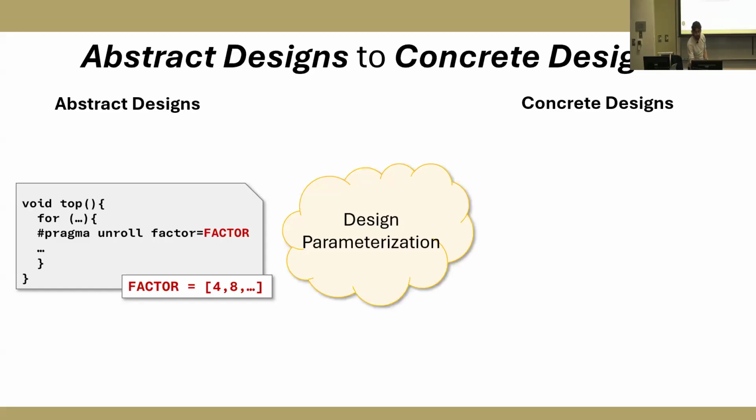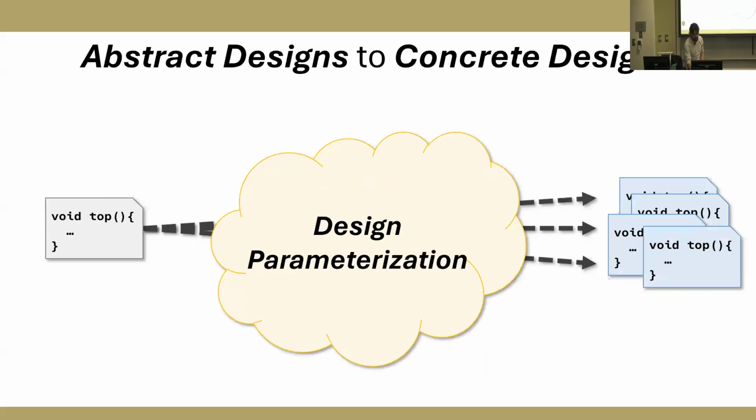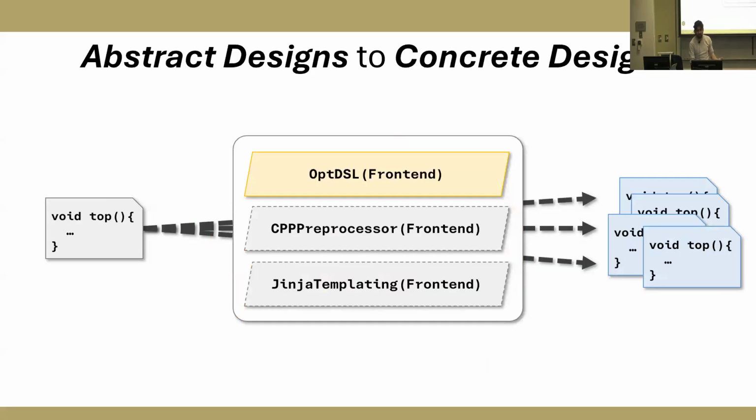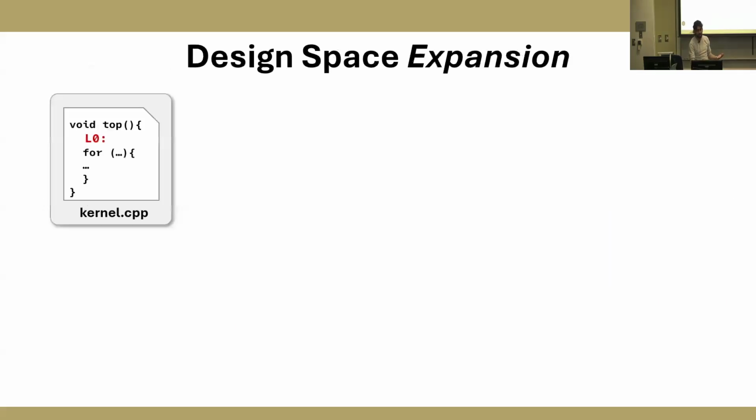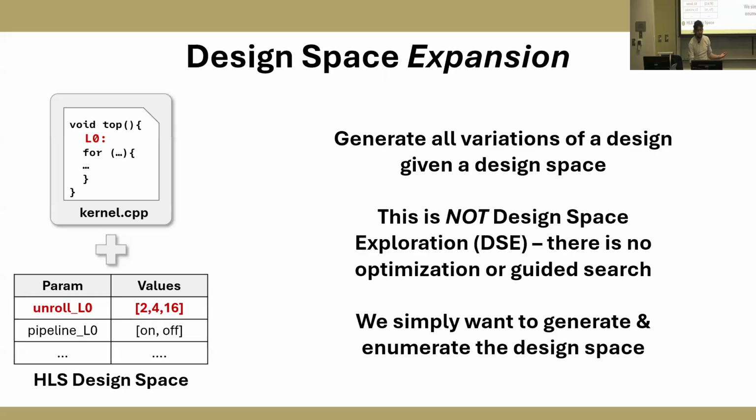So what we want to do is generate different versions of the design that have different values for this, and then see how that affects the latency and resource usage and so on for every version of this design. We're going to collect all those data points, right? So essentially, this is design parameterization, and we have this built into HLS Factory. There are a lot of ways to do this. I'm not going to get too detailed, but as long as you have a design space, you can generate different versions of your design.